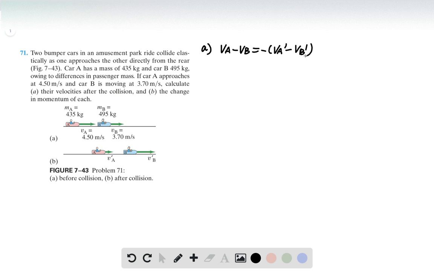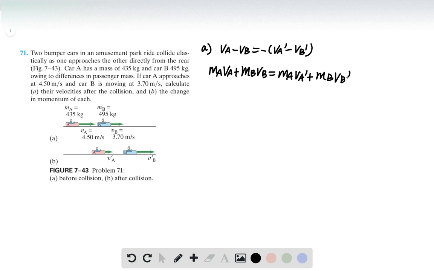And the second formula we need is the formula for conservation of momentum. MAVA plus MBVB equals the momentum afterwards, MAVA prime plus MBVB prime. So these two are the formulas we will need.